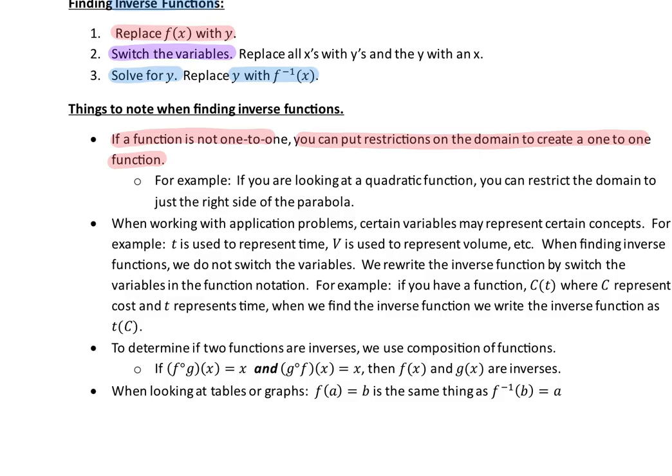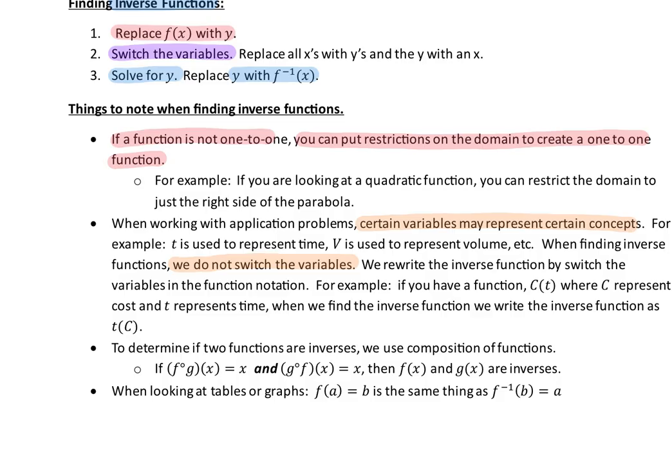A couple other things to note is if we have application problems. When working with application problems, certain variables represent certain concepts. For example, we usually use lowercase t to represent time, capital V to represent volume. And so when we find the inverse function, we do not switch the variables. We still want them to represent what they represent.